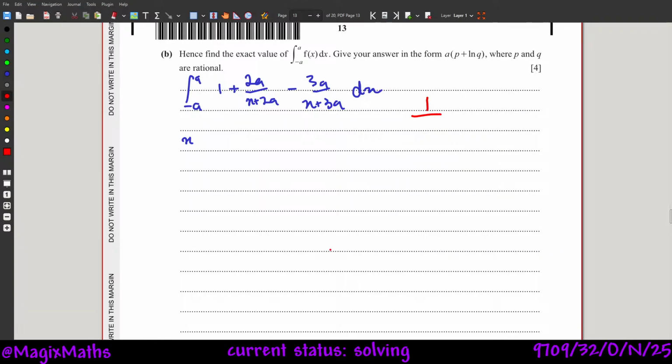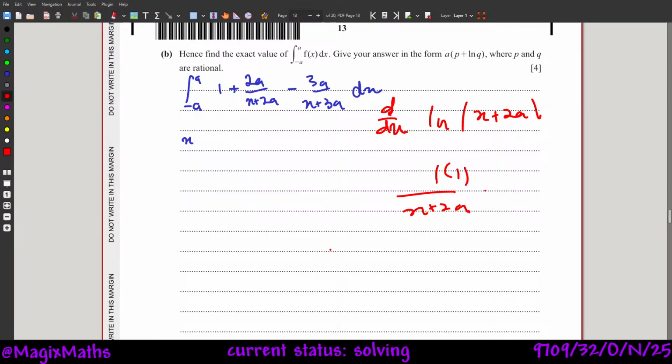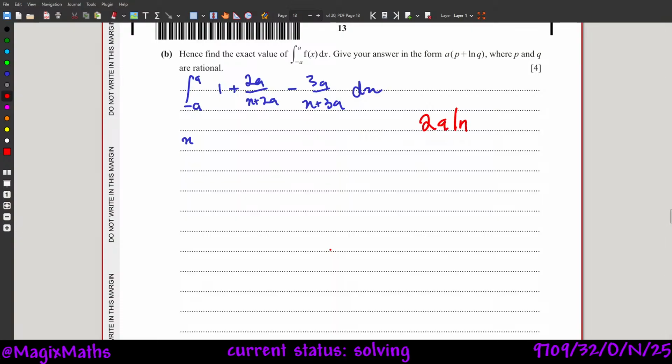Let's say we have ln of x plus 2a, and then we differentiate that. We will have 1 over x plus 2a, times 1, right? But in this case, we have 2a. So I believe that'll be 2a ln of x plus 2a. And then if we differentiate that, we'll have 2a times 1 over x plus 2a.